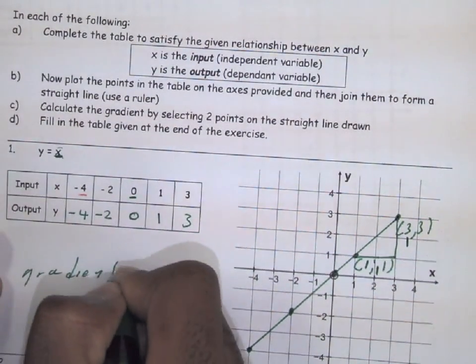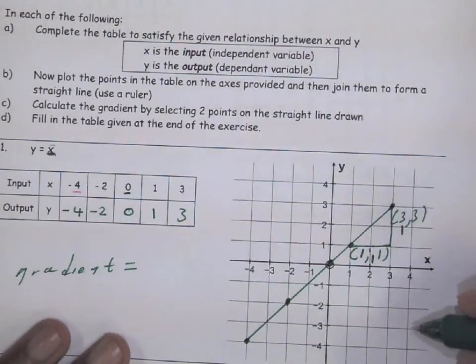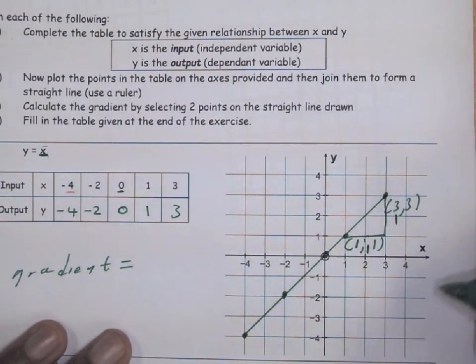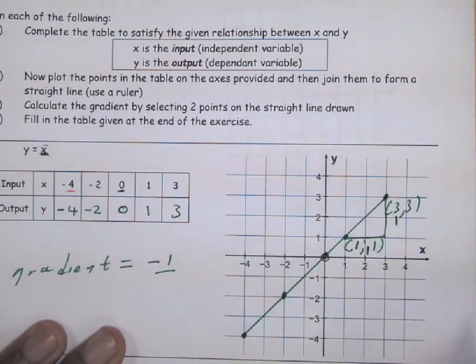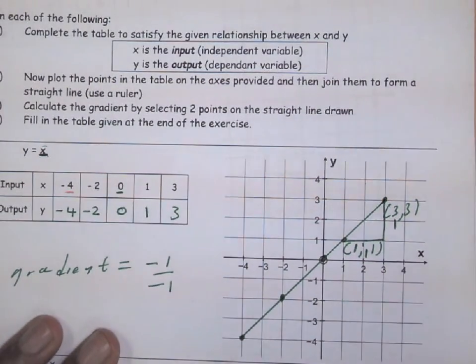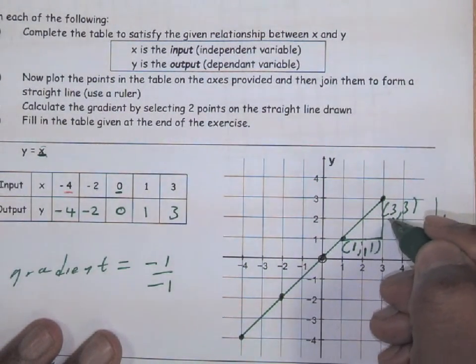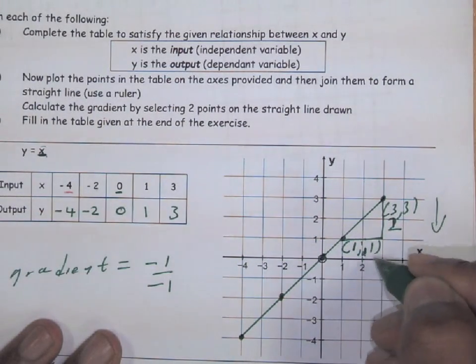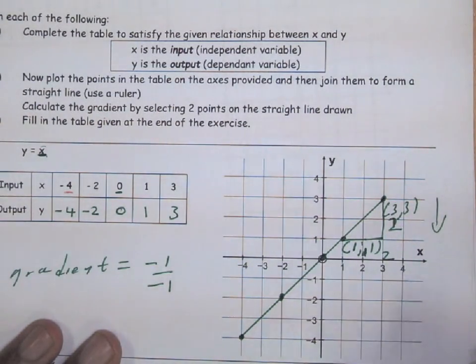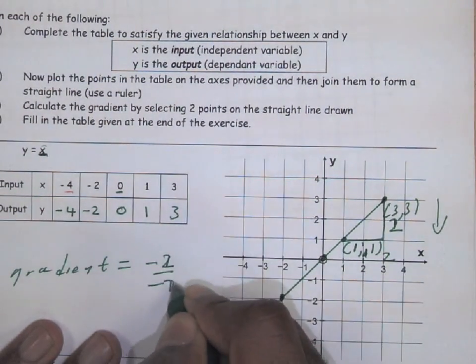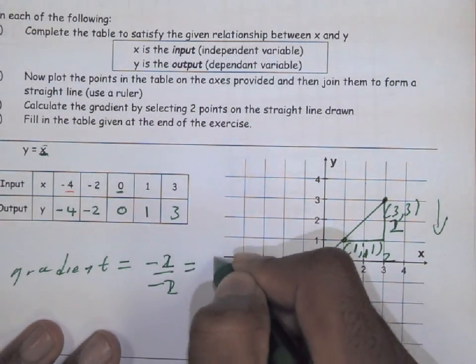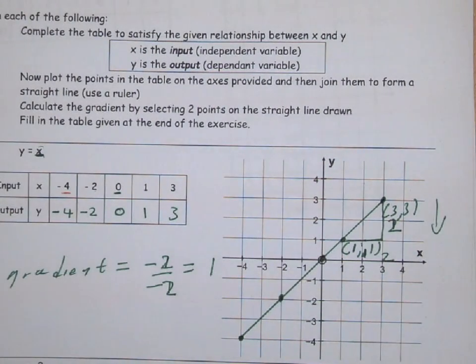My gradient is -1 over -1, because 1 unit's down this way. It's actually 2 units, sorry guys. It's 2 down, and 2 down. Okay, so this is -2 over -2, which gives me 1. That's the gradient of this line.